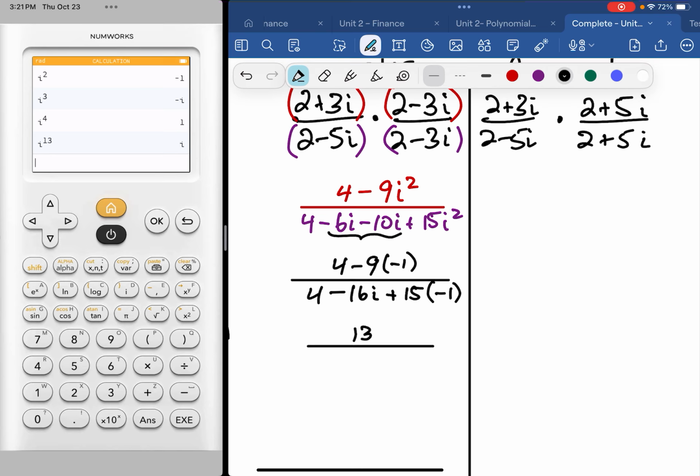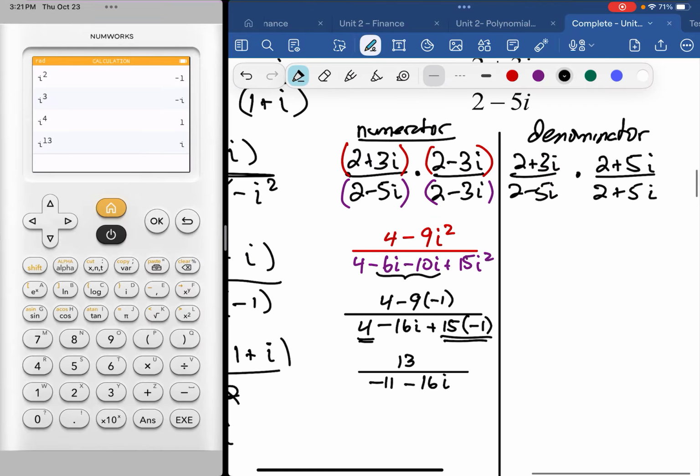On the bottom, I have 4 minus 15 is negative 11, minus 16i. All right, so previously I had i's in the top and bottom. Now I just have it in the bottom, so that's technically simpler than what I had previously, as opposed to rationalizing the denominator with the conjugate.